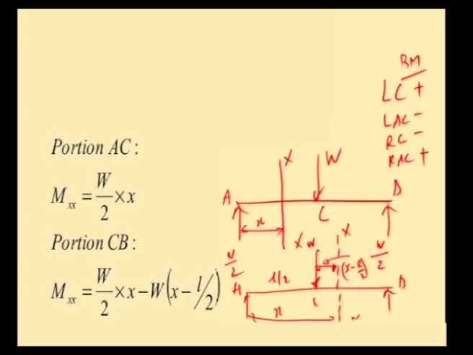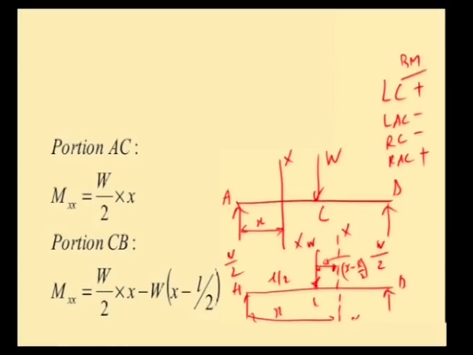Therefore, the bending moment at xx will be W by 2 into x. On the left we have reaction W by 2 multiplied by distance x, which produces a clockwise moment, so plus W by 2 into x, and then the applied load W produces an anticlockwise moment with respect to x, and its value will be W into x minus L by 2. So, now we are ready with the equations of bending moment for portion A C and for portion C B.